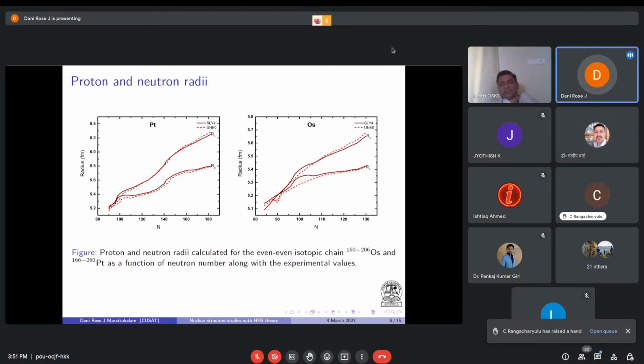So you mean not the single proton and single neutron you are talking about? Yes. Okay, the language is confusing, that's what you have written there. This is actually the RMS radii calculated from the density distribution of protons and neutrons. These are the charge radii and matter radii terminology.